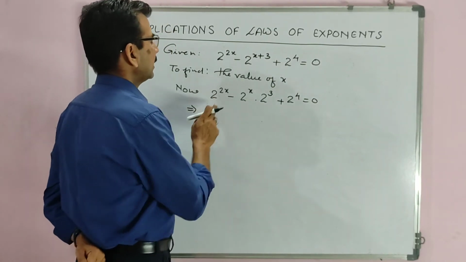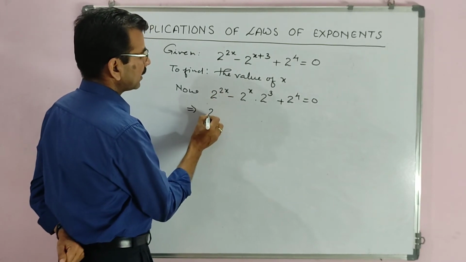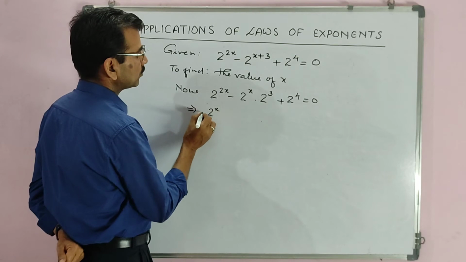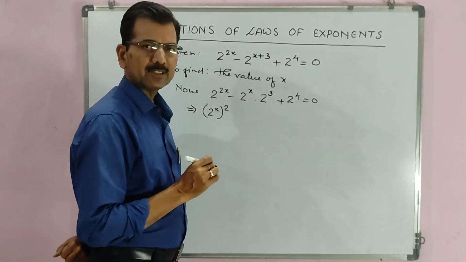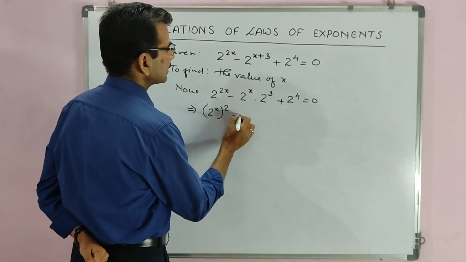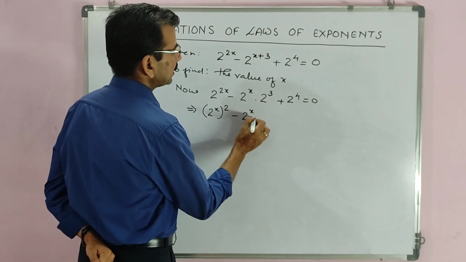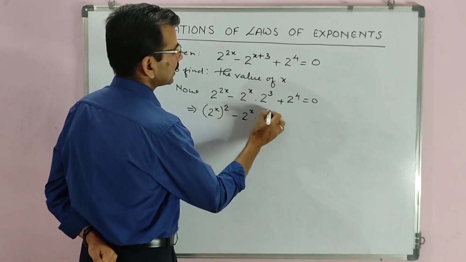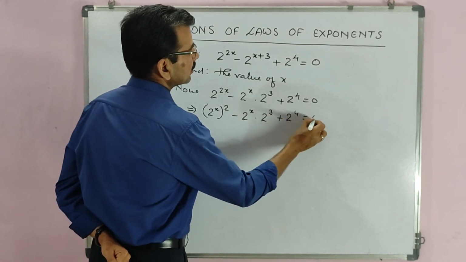Now, this 2 raised to power 2x we can write in the form (2 raised to power x) whole to the power 2. Why are we writing so? I will tell you. Minus 2 raised to power x as it is into 2 raised to power 3, plus 2 raised to power 4 equal to 0.